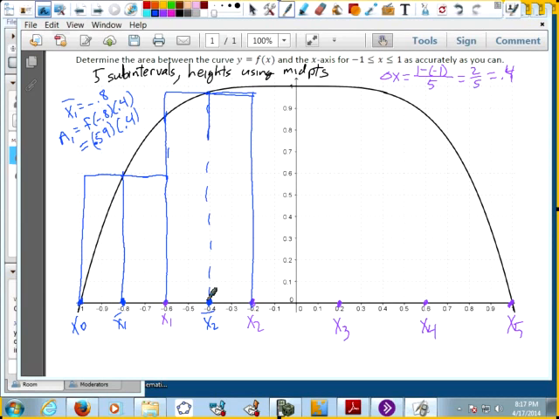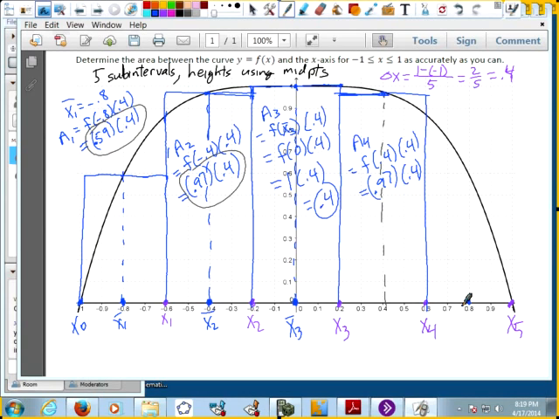And so this is x2 bar, so A2 is f of -0.4 times my common width, and f of -0.4 is maybe about 0.97. So we'll need that area.